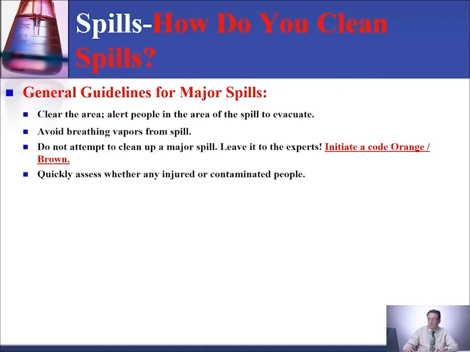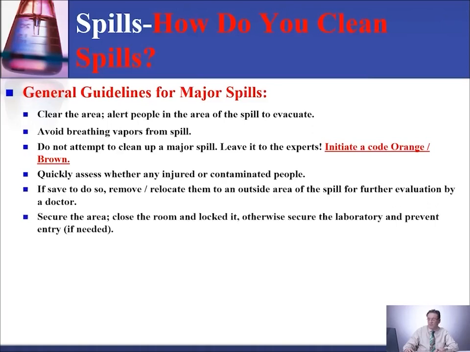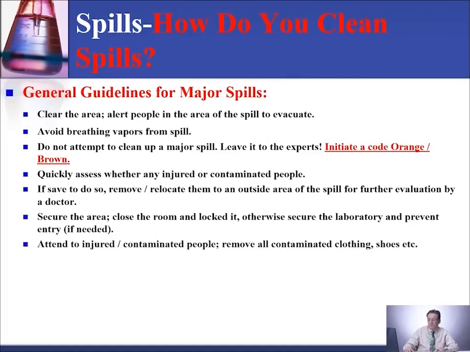Quickly assess whether there are any injured or contaminated people. If safe to do so, relocate them to an area outside of the spill for further evaluation by a doctor. Secure the area, close the room and lock it. Otherwise, secure the laboratory and prevent entry if needed.